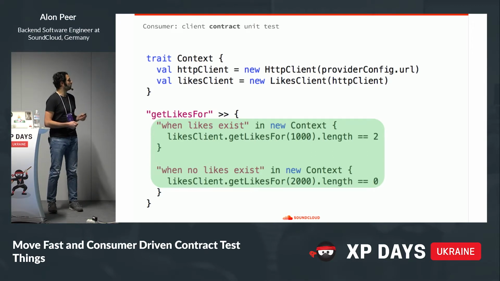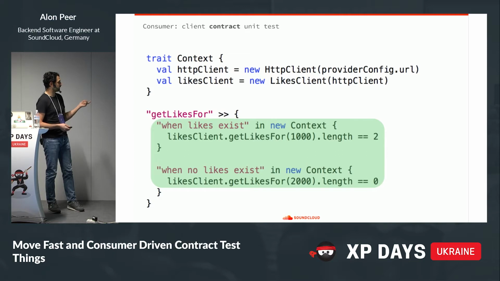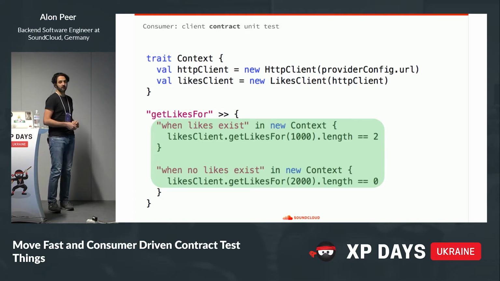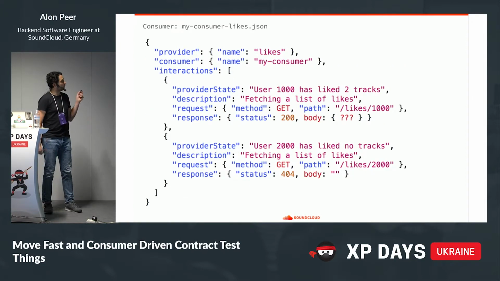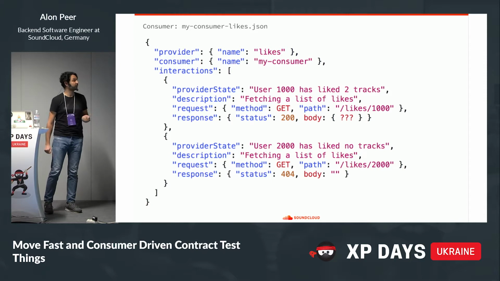When we call get likes for 1000, we expect the list of likes to be 2. When we make that call with user 2000, we expect the number of likes to be 0. So once we run those tests, this is the side effect of running them. Except for making the assertions, we get this file. So we can see this is very similar to that PACT fragment that we've seen before.